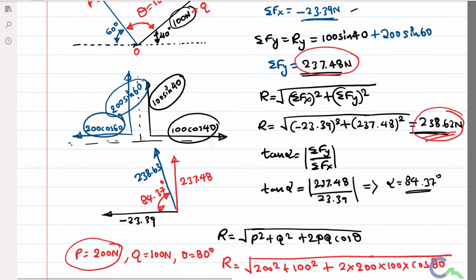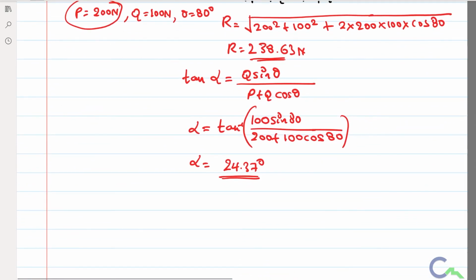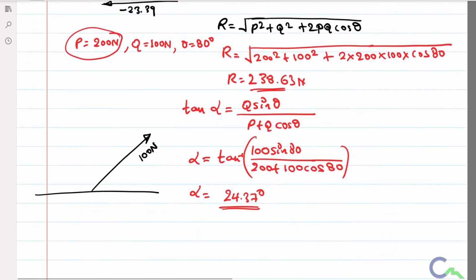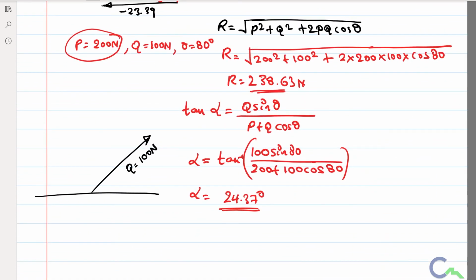So again I am going to show this in the figure. We had two forces, one is 100 Newton, that I have taken as Q, that makes an angle 40 degrees. Then we had one more force, that is P, 200 Newton, which makes an angle 60 degrees. Now we got 24.37.